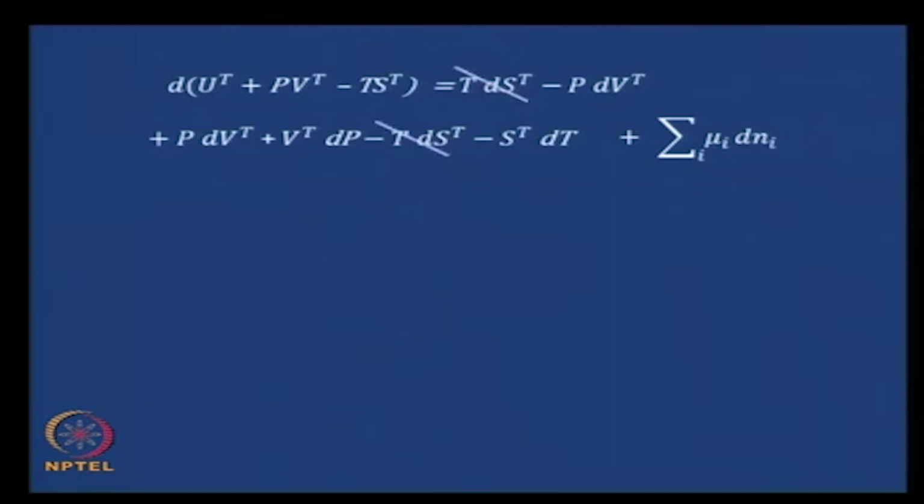We can cancel T dS_t and minus T dS_t. We can also cancel plus P dV_t and minus P dV_t, and therefore dG_t equals minus S_t dT plus V_t dP plus summation of μ_i dn_i.